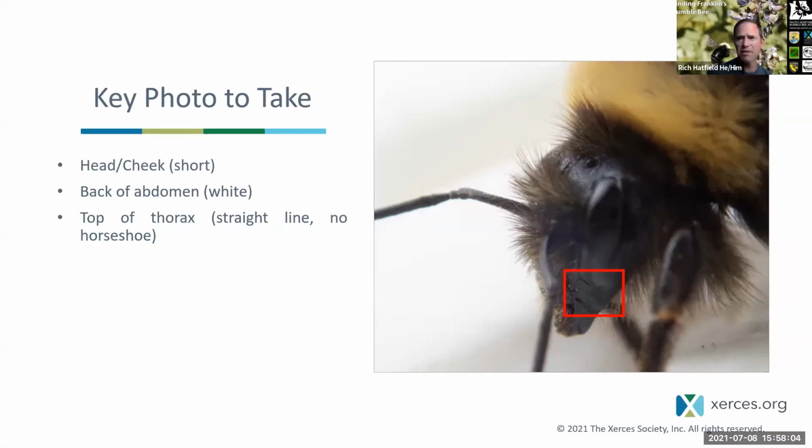Again, for Bombus occidentalis, the key photos that we want to take are very similar. We want to see a short cheek, so a picture of the head and face. And you can see that there's fewer yellow hairs mixed in on Bombus occidentalis' face, and the vertex in the species is also usually black.